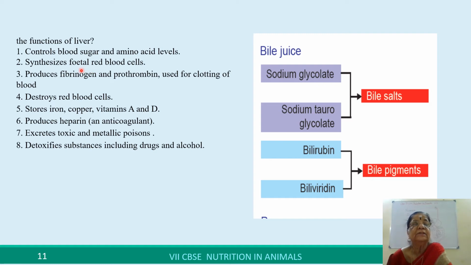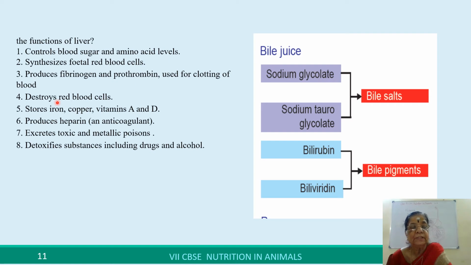The developing embryo in the mother's womb is called a fetus. So fetal RBC is synthesized by the liver, and it produces fibrinogen and prothrombin. These two are plasma proteins present in the blood and are used for clotting of blood.